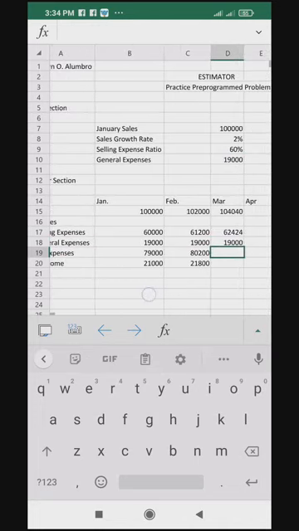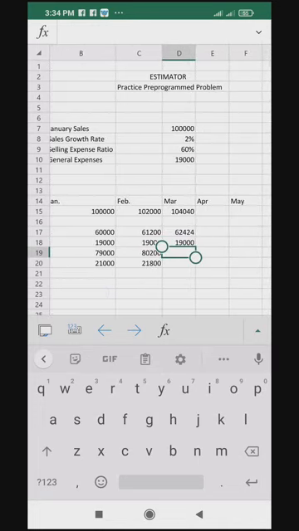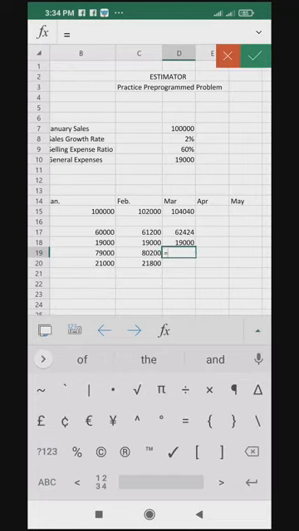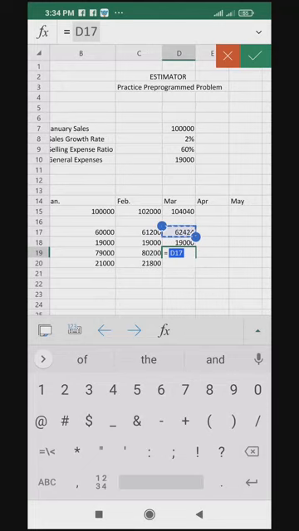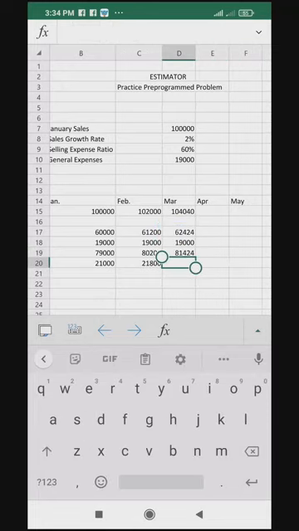So the total expenses for the month of March is equal to D17 plus D18, which is 81,424.